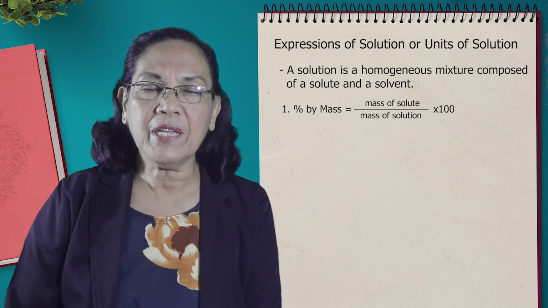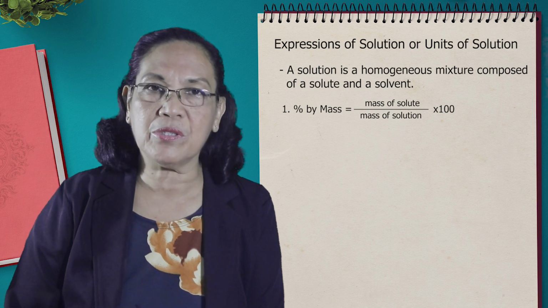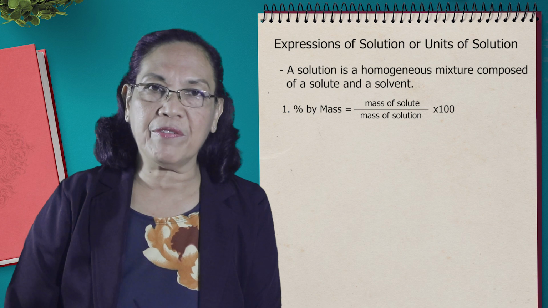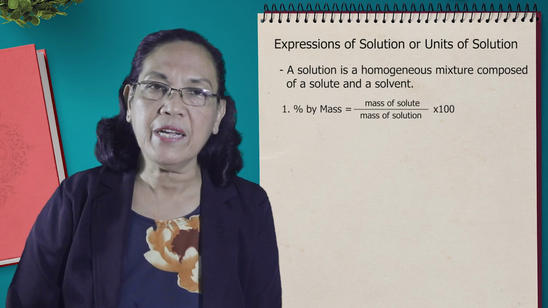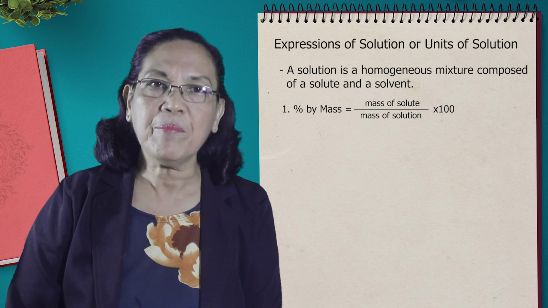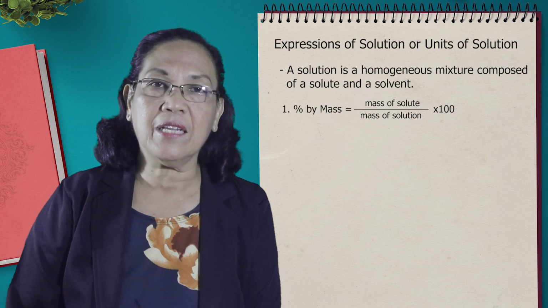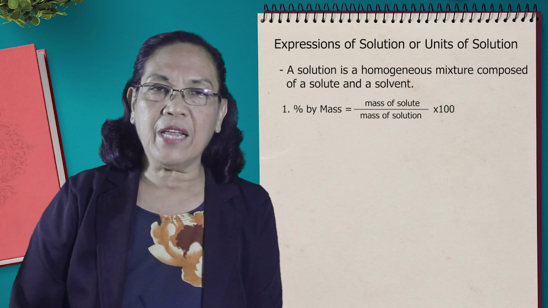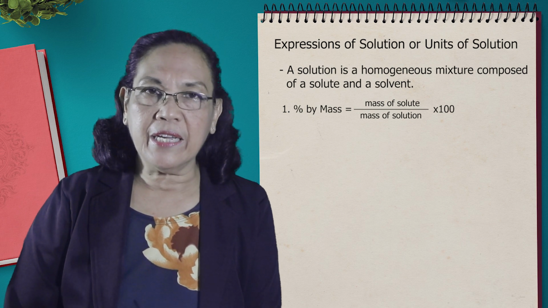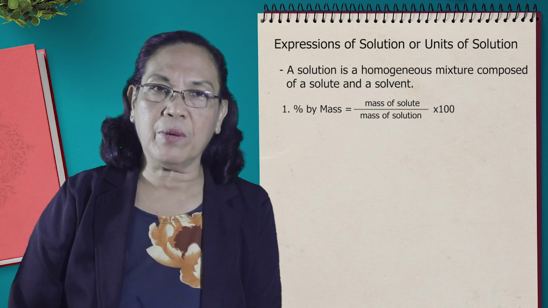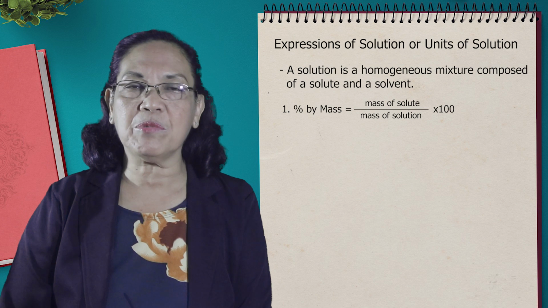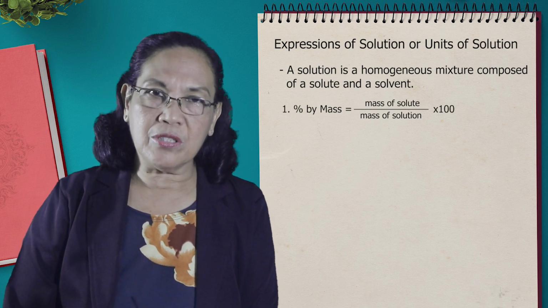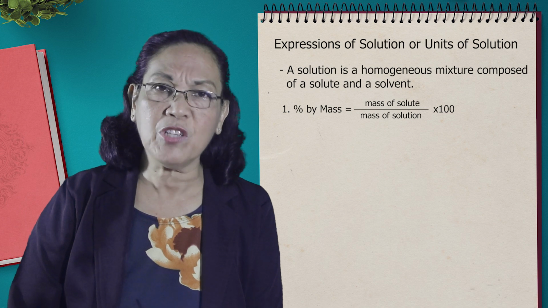In the example that I gave you in your notes, you notice that I gave the number of grams of potassium chloride and the number of ml of the solvent water. But the formula states that percent by mass equals the number of grams of solute divided by the number of grams of solute plus the number of grams of solvent.